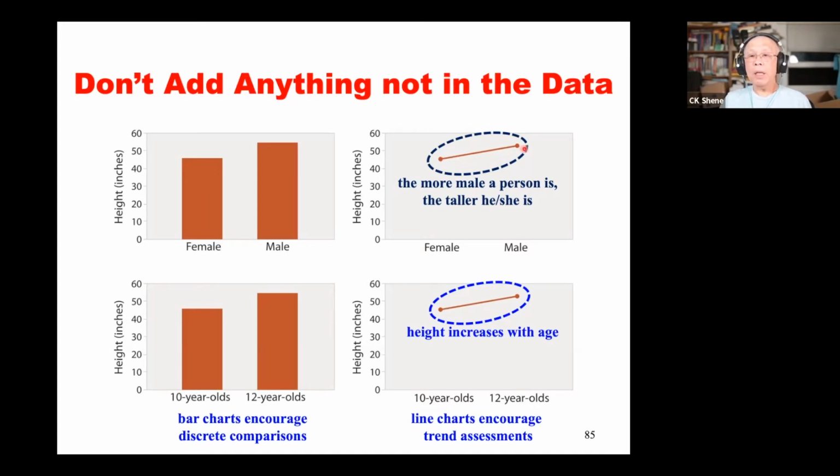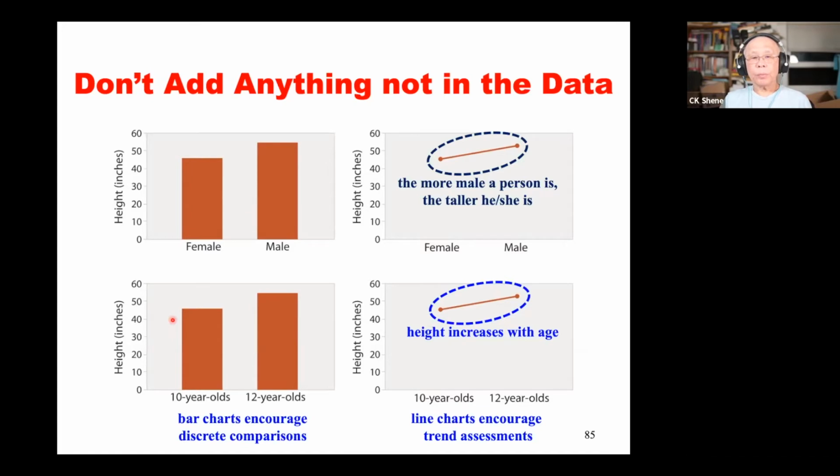So many people would read this line chart as follows: the more male a person is, the taller he or she is. So we implied a trend out of a data set that does not have a trend.